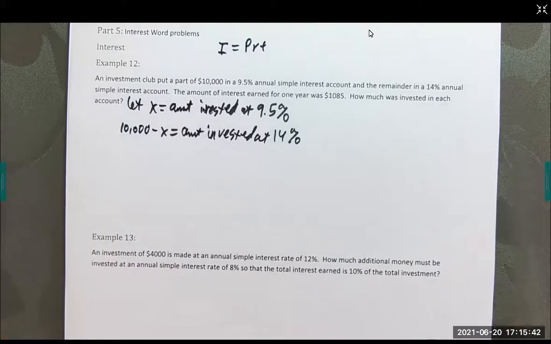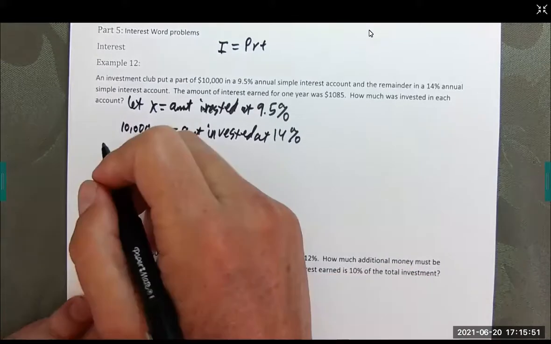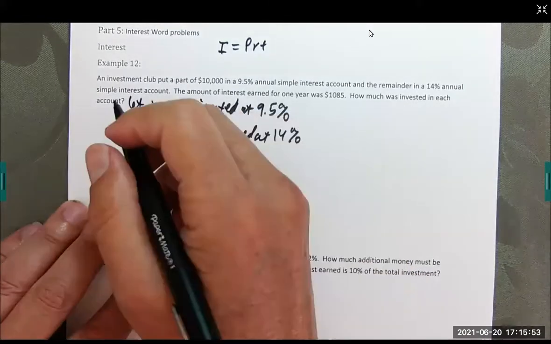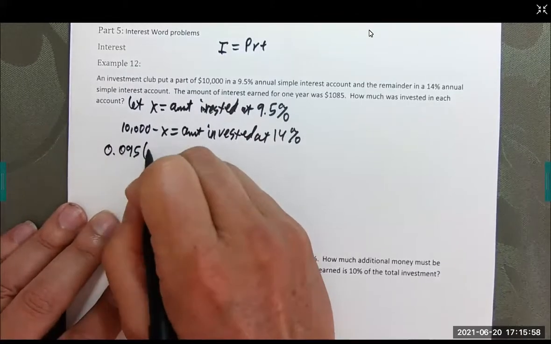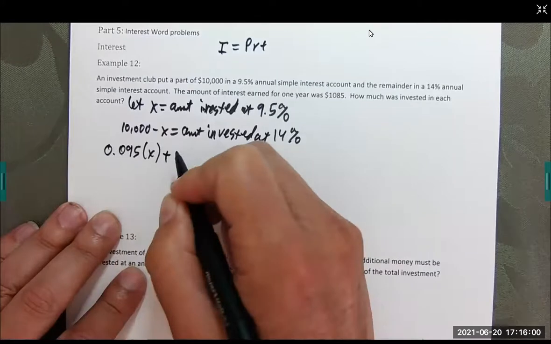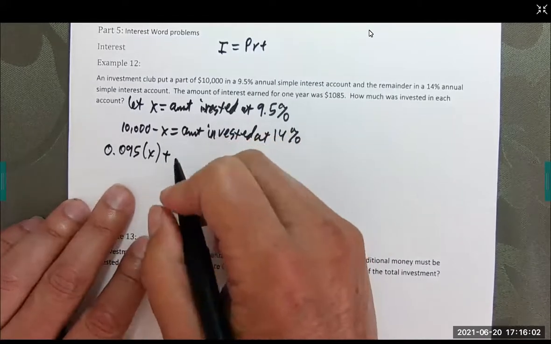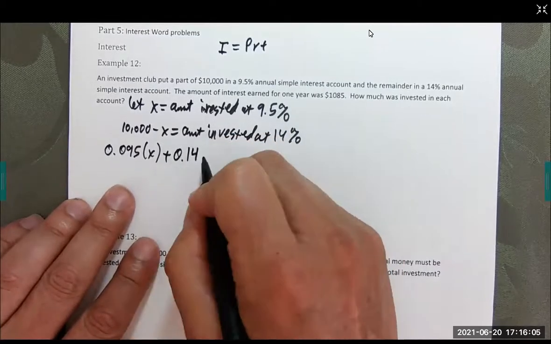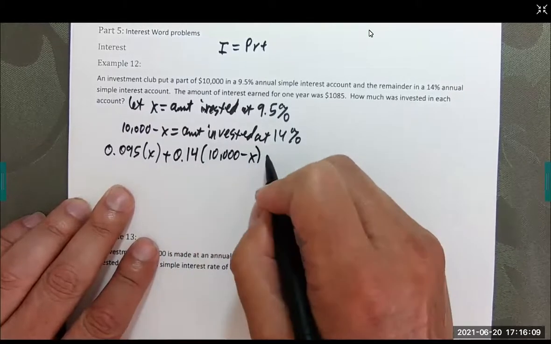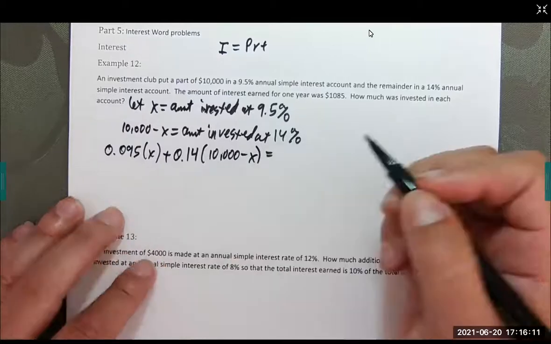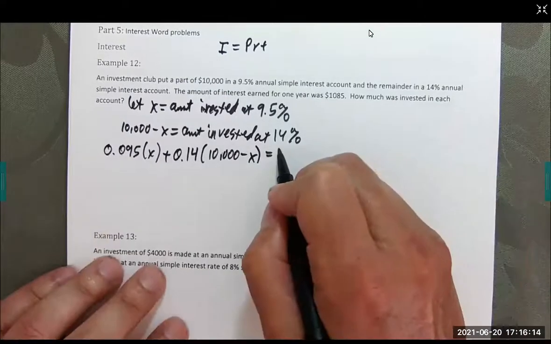So if I take the amount invested at 9.5% plus the amount invested at 14%, how much interest is earned? Well, this is going to give us 0.095 times x plus 0.14 times (10,000 minus x) should equal the total, 1,085.